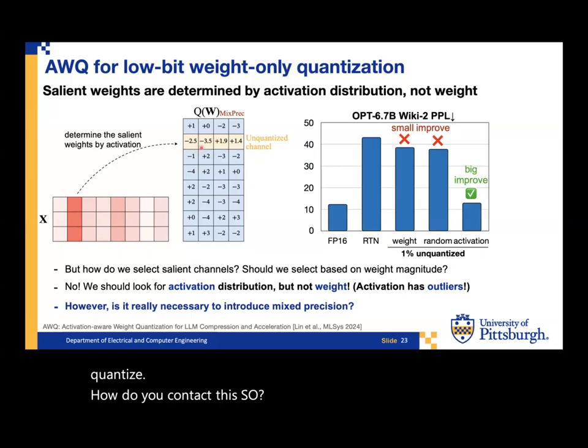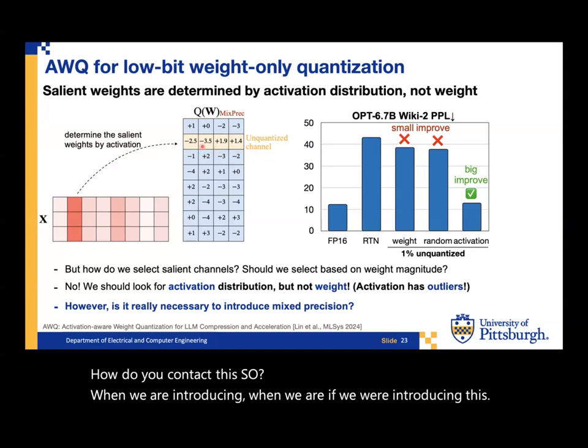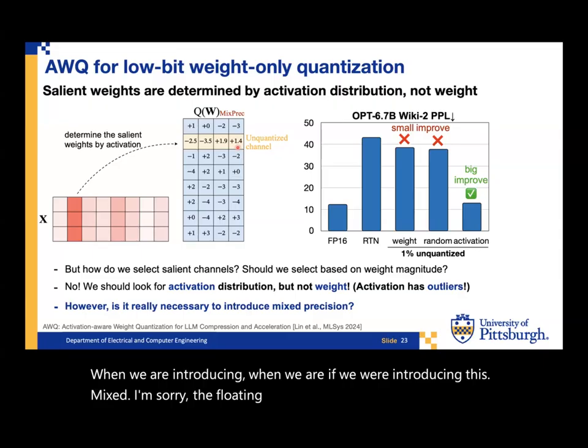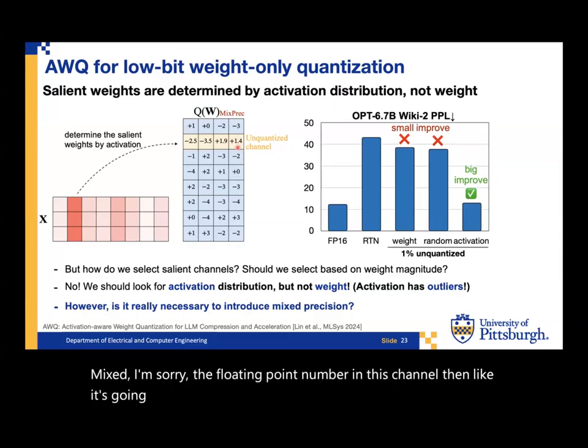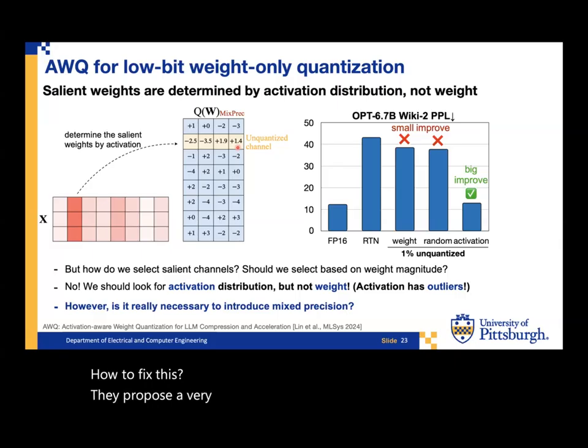If we were introducing the floating point number in this channel, it's going to be really hard to calculate. So how to fix this? They propose a very interesting and counterintuitive idea.